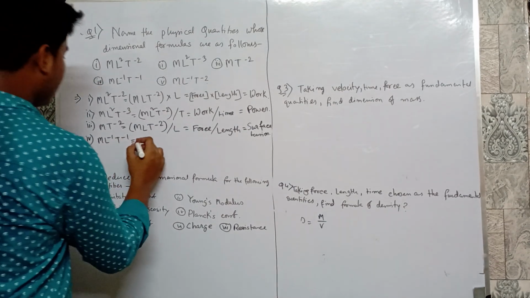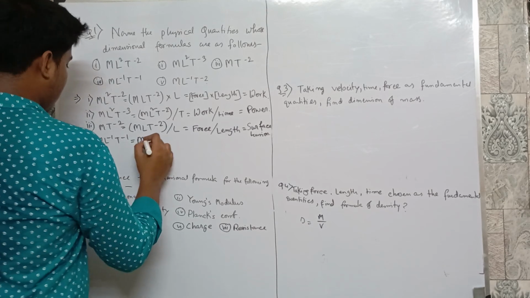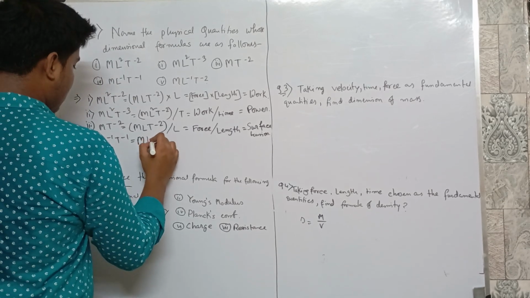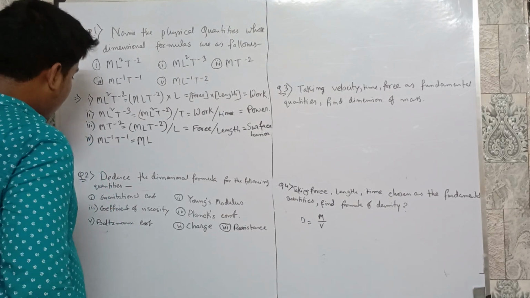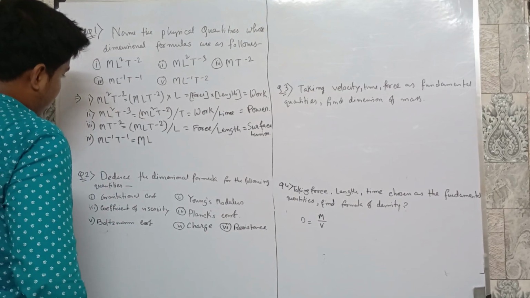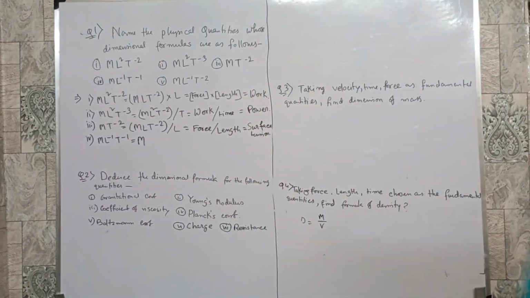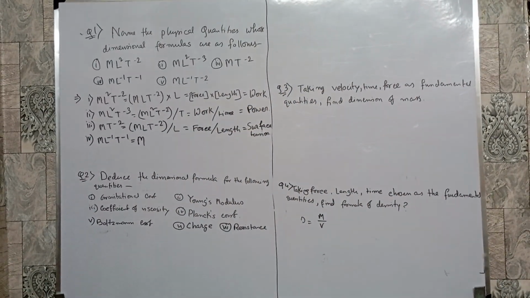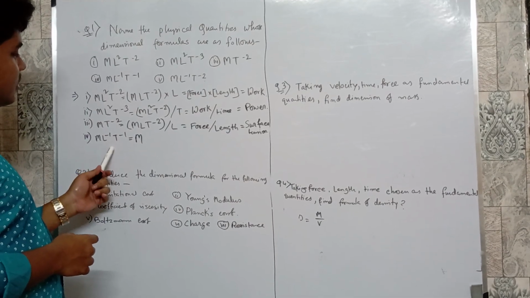It can be written as M by L T. Okay, so this quantity is a new quantity.